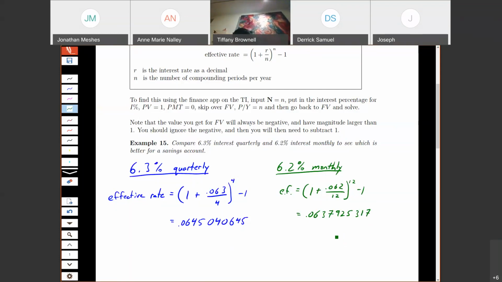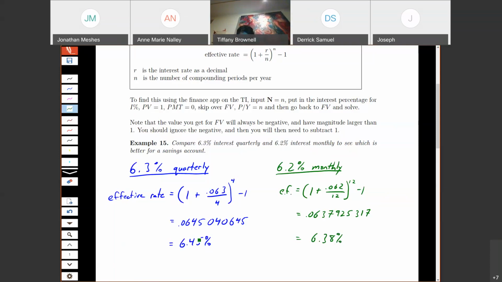If I look at these, here the 6.3% quarterly is going to be approximately the same as a 6.45% interest, like simple interest. So here my effective rate is 6.45% if I round to a couple decimal places. Over here it's going to be 6.38% if I round to a couple decimal places.